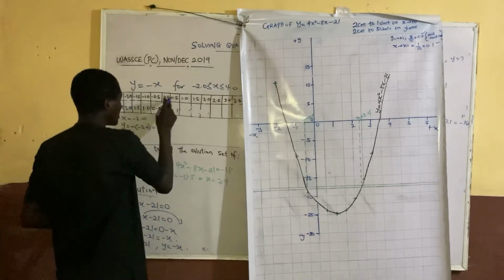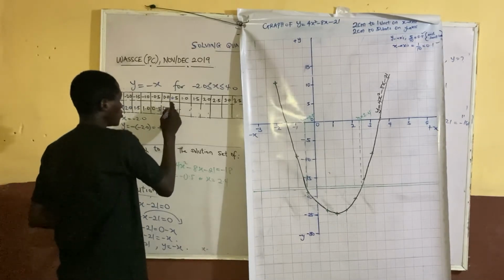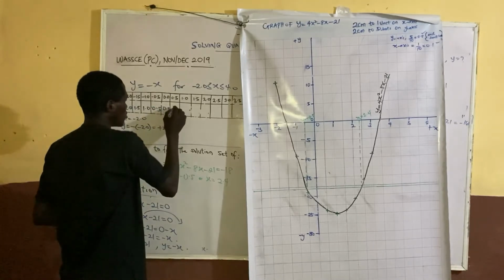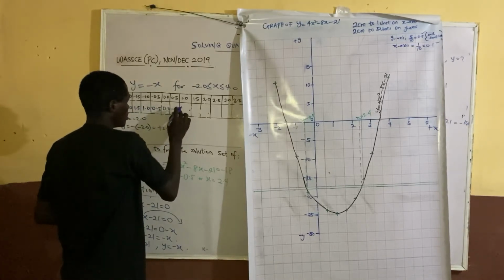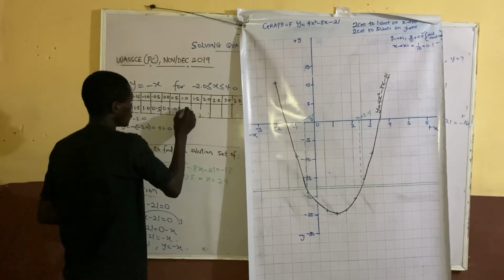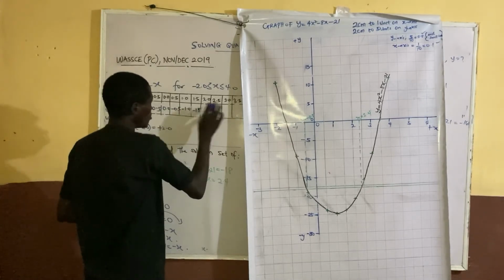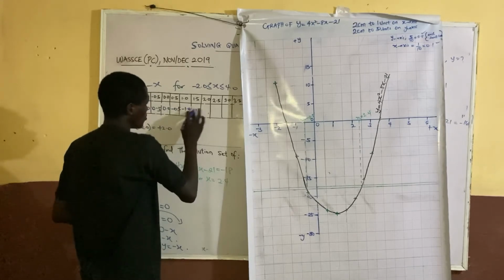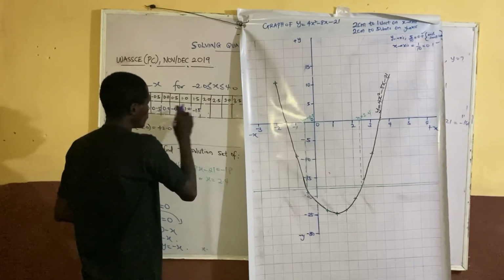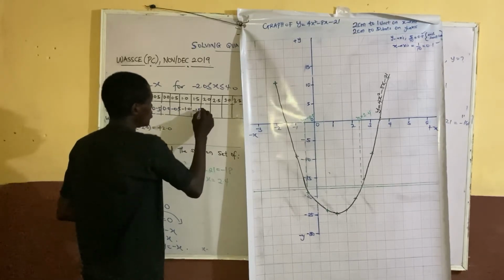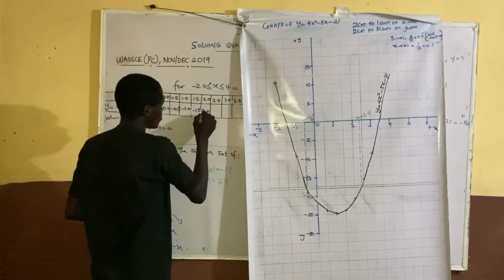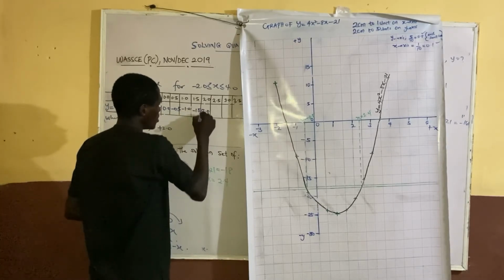So minus times plus 0.5 is minus 0.5. This one will be minus 1.0, minus 1.5 for the positive. All of them will be minus for the positive. So then it's also minus times 2 will be minus 2.0.